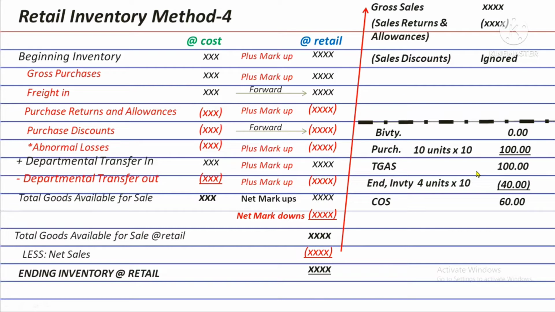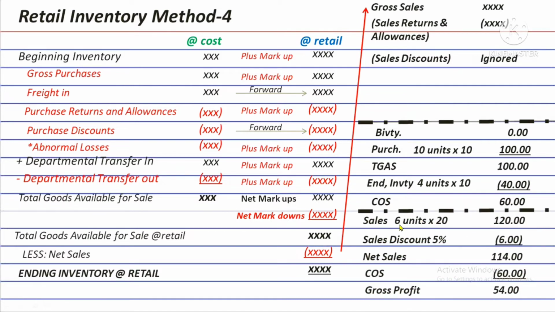Now, let's assume further that the remaining or unsold units during the current year is 4, as if 6 units were sold. So 4 times 10, then we will have an ending inventory of 40. Now, 100 total goods available for sale minus 40 ending inventory at cost, the cost of sales is 60.